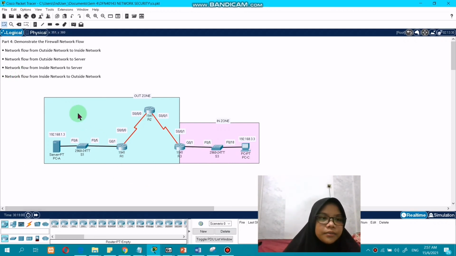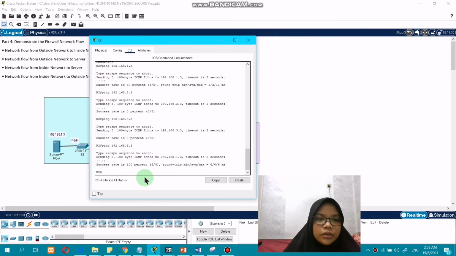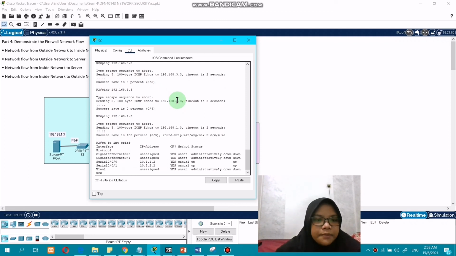For the inside network to outside network, you can go to router 2 and give the command show ip interface brief to see the IP address.